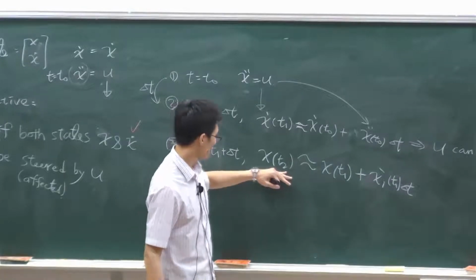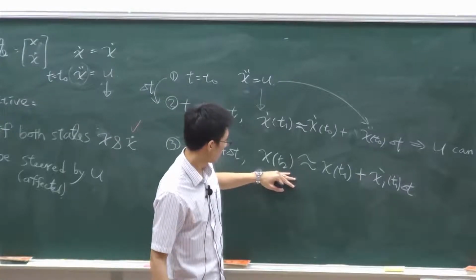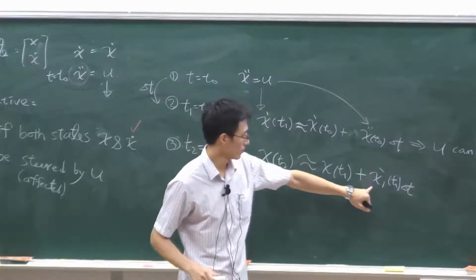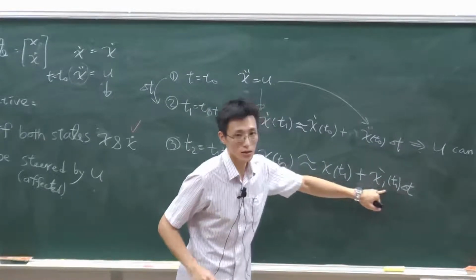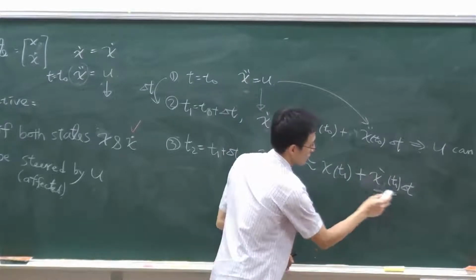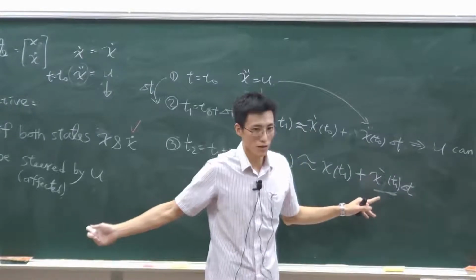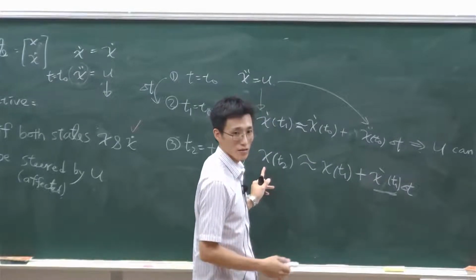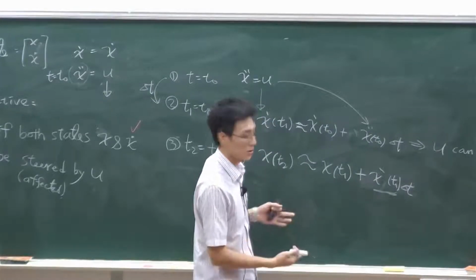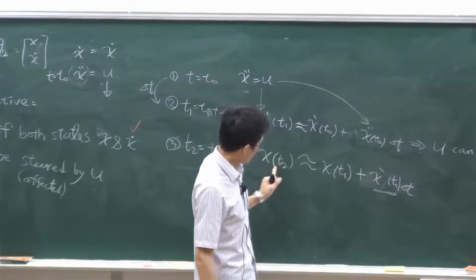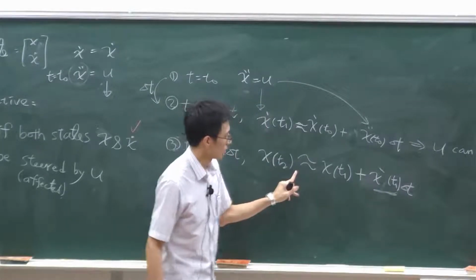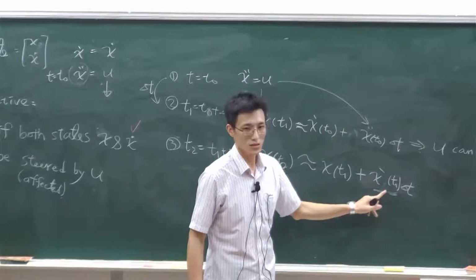The displacement at t1 and t2 will be different if you have a velocity. What's the relation between this velocity and control? We want to see if control has some relation to the position states, if it can control them. If these two are different, that means the state can be changed only if you have non-zero velocity.